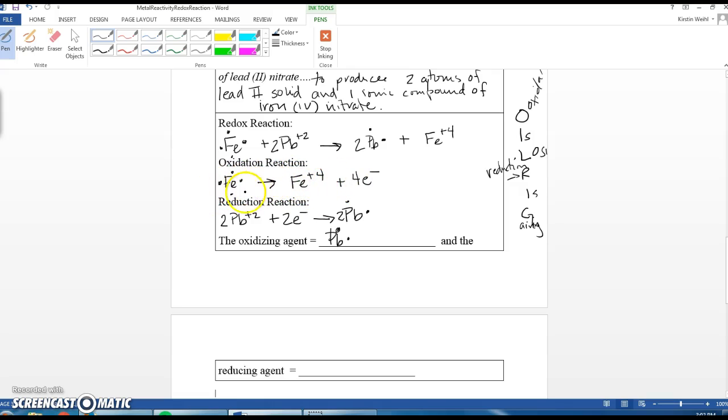Since iron is involved in the oxidation reaction, the oxidizing agent is the opposite one, that's lead. And that's the case for the reducing agent. For the reducing agent, we're asking ourselves which one of these elements actually caused the lead to get electrons, and that is the iron.